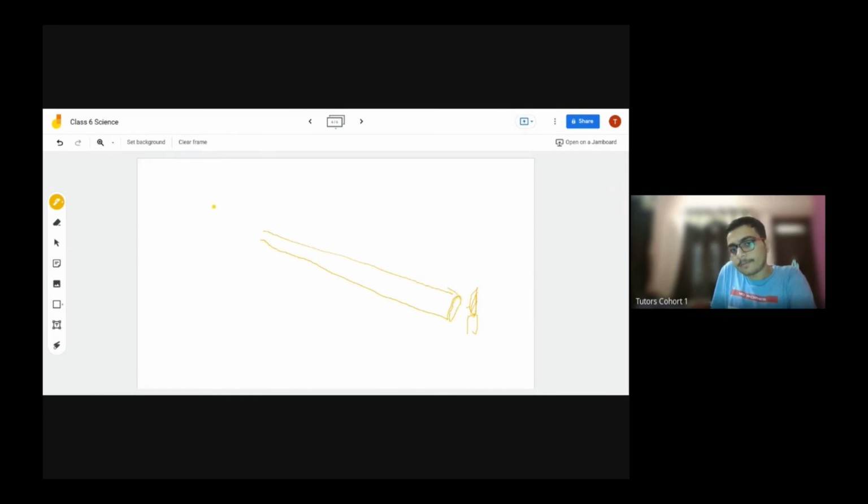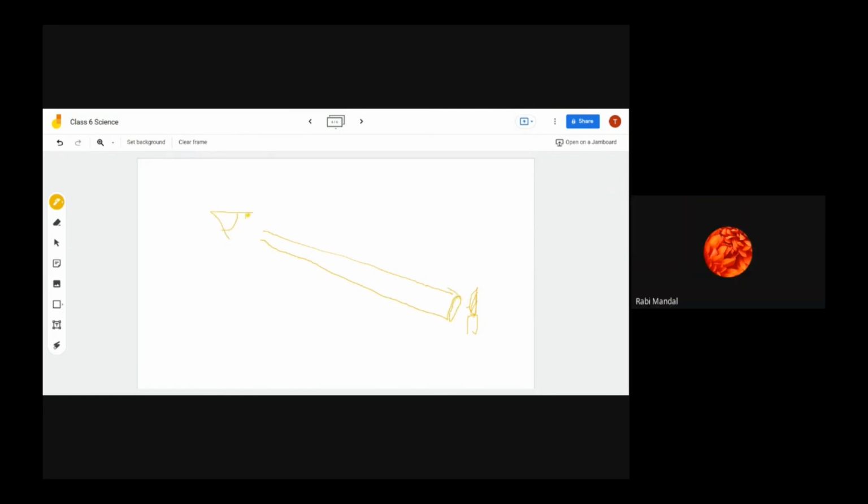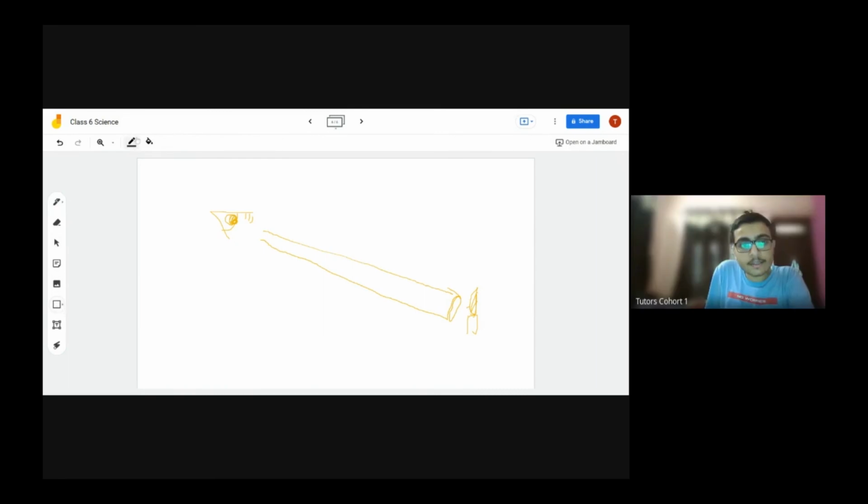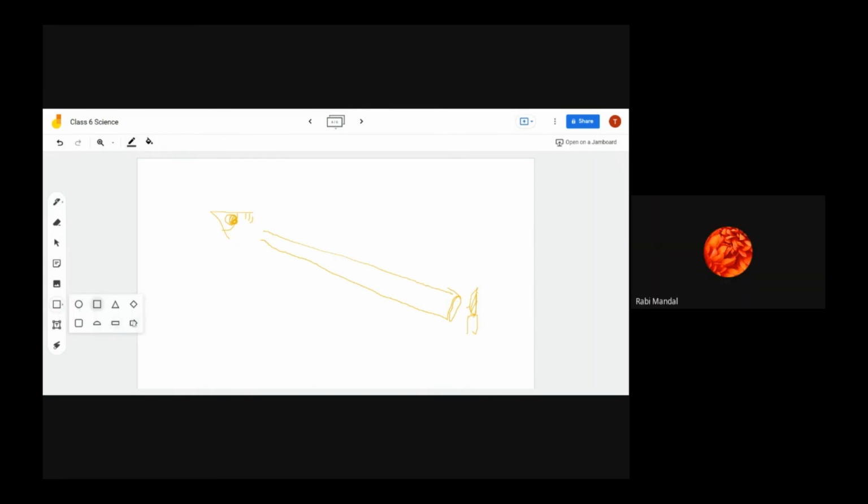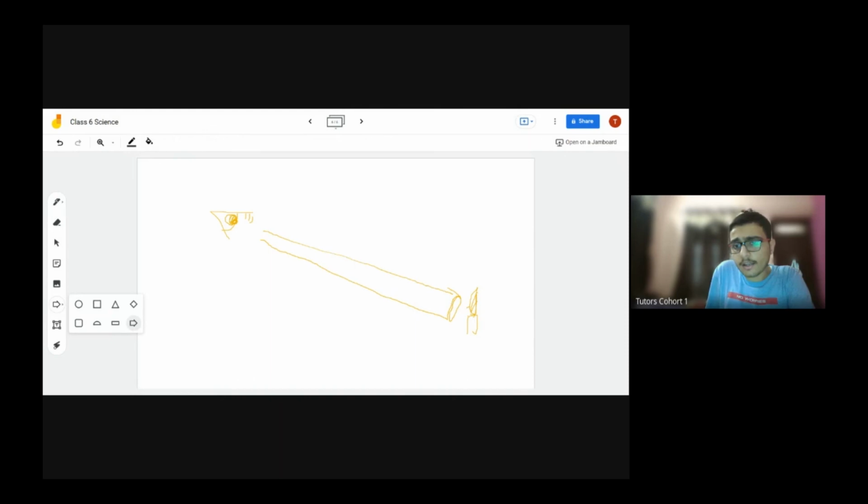Here is my eye. The tube should be straight, otherwise, if it is bent, we can't see the candle. Yes, you are right. Okay, let's just delete it.